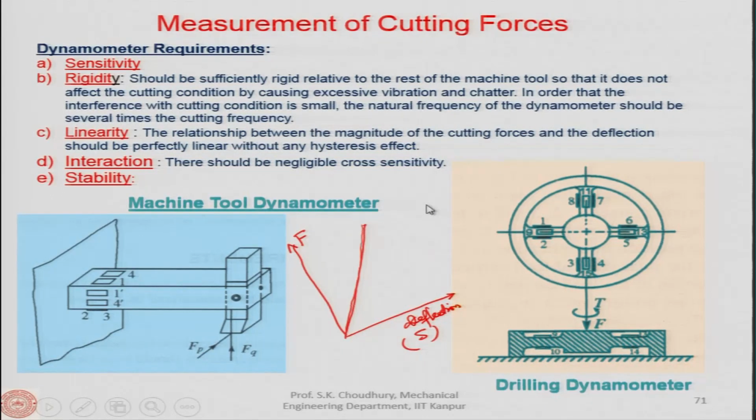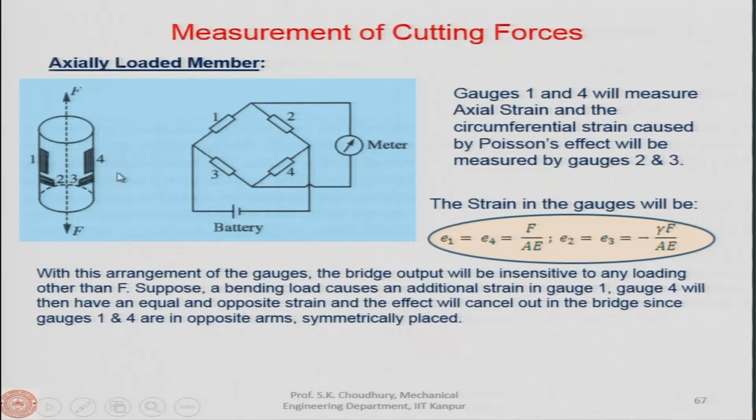By cross sensitivity, we mean, as we have already said about cross sensitivity in the first case, when the cylindrical job is, you can see for example here in the axially loaded member, the cross sensitivity is that 1 and 4 should not have any influence of any other force, bending force, or 2 and 3 should not have an influence on 1 and 4.